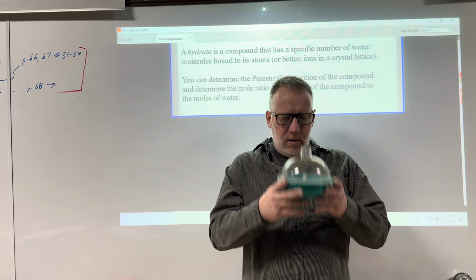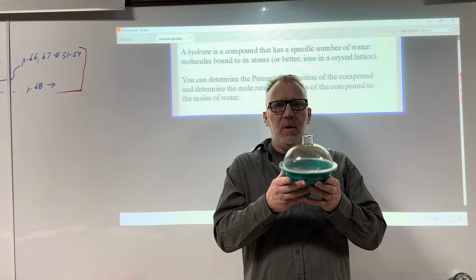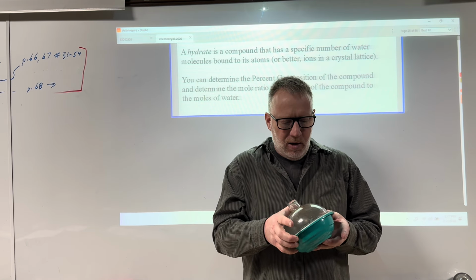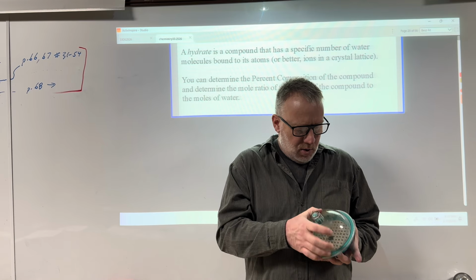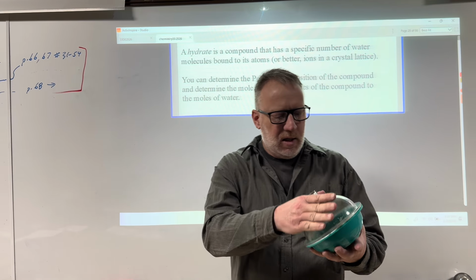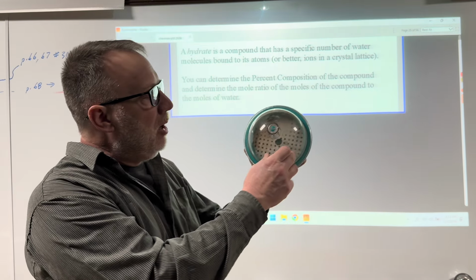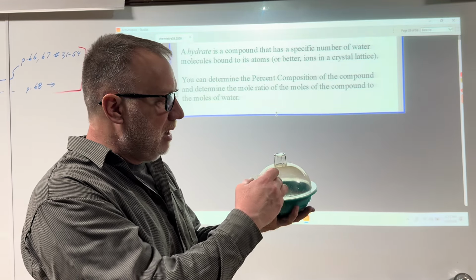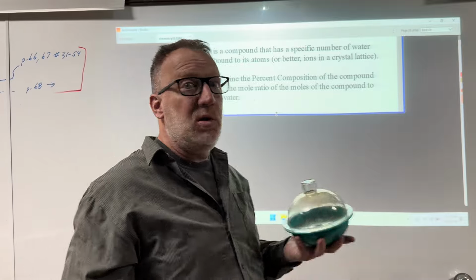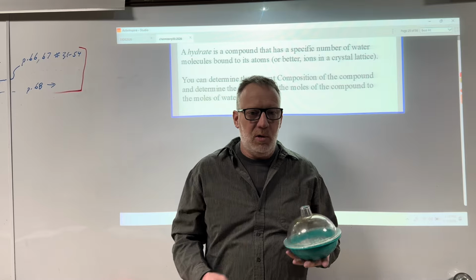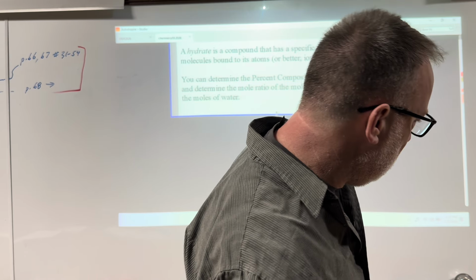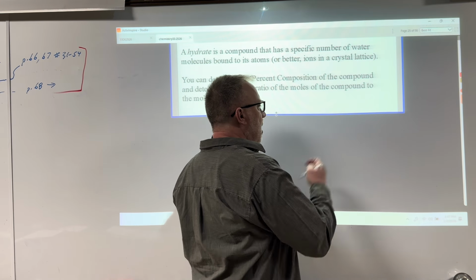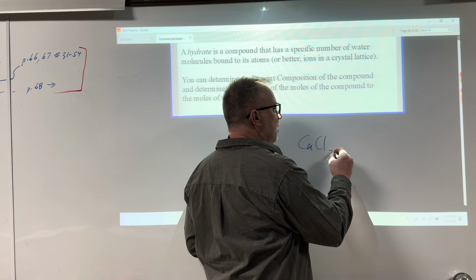You can take your compound that's a hydrate, and in the bottom of this desiccator here, I can't get this off, it's so greasy, there's a metal mesh, and underneath of that, in the plastic, you could put calcium chloride, which is also a hydrate. CaCl2 dot 2H2O, calcium chloride. So we talked about hydrates last year.